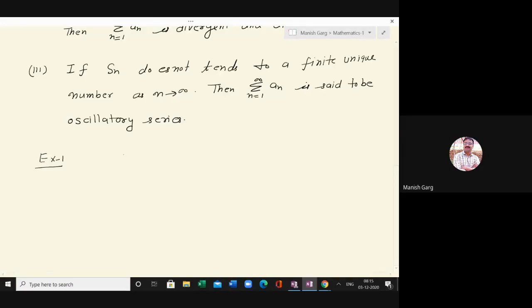Okay. The first example is you have a series, summation n equal to 1 to infinity of log of (n plus 1) over n. This is a series. The question is, does it converge or diverge?